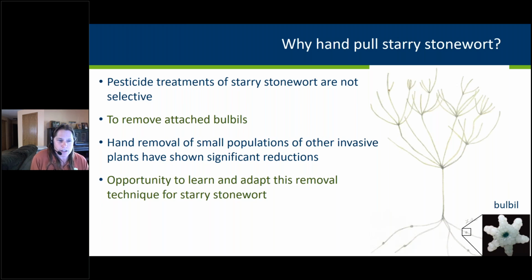We also wanted to remove the attached bulbils on the starry stonewort. Many of you may know that hand removal of small populations of other invasive plants has also shown significant reductions in other projects in the US. And it's also an opportunity to learn and adapt a new technique that may be effective at removing starry stonewort.